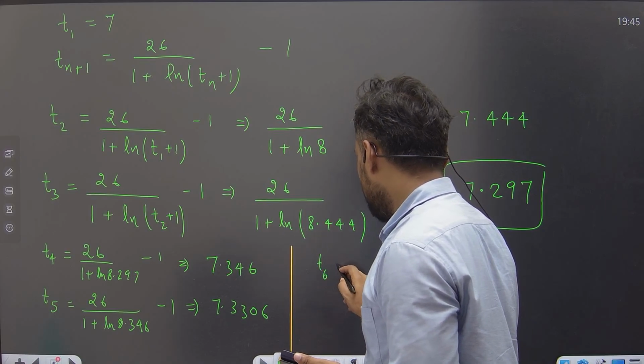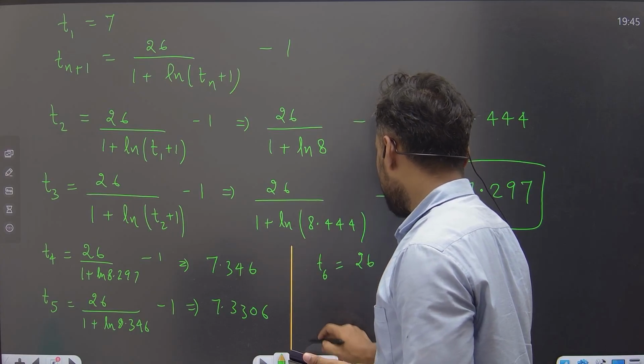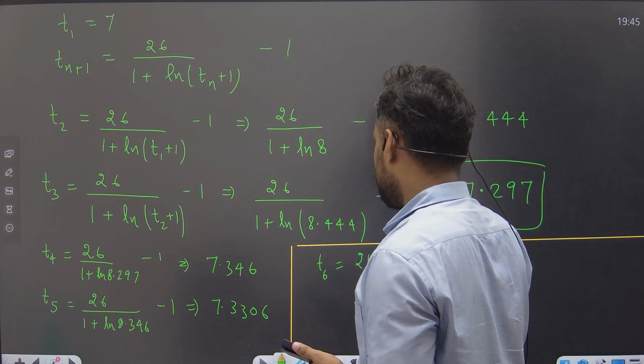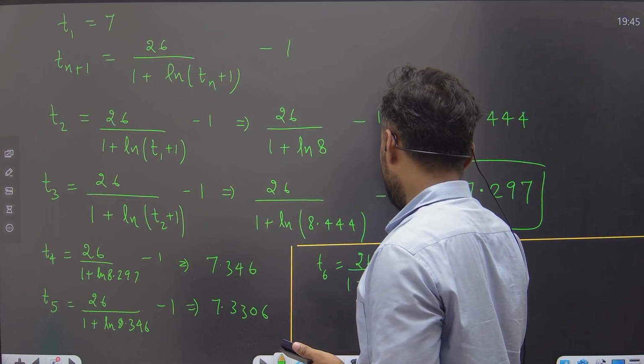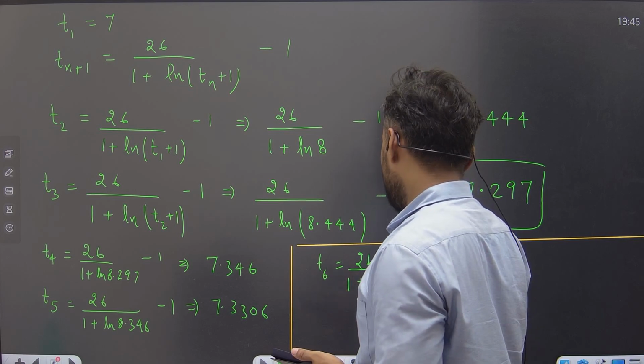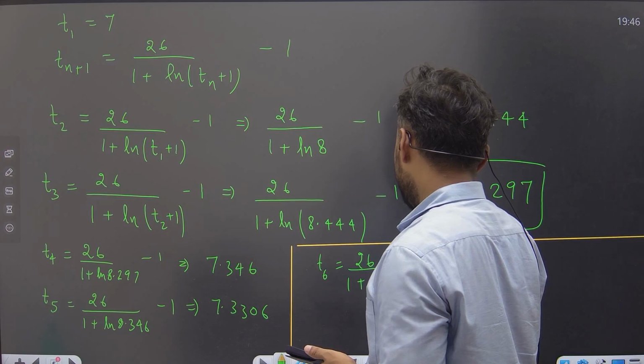For T6 we substitute T5, so it will be 26 upon 1 plus log of 7.33 plus 1, which is log of 8.330, negative of 1.